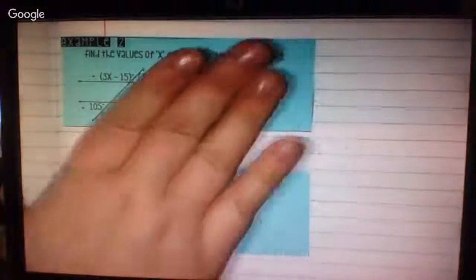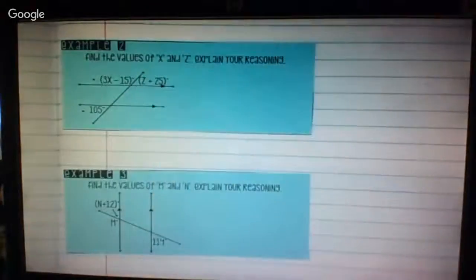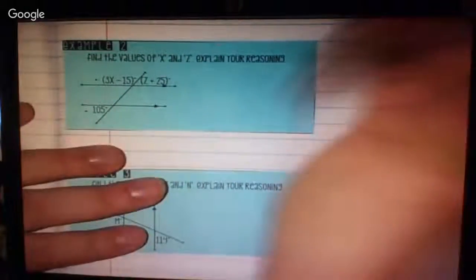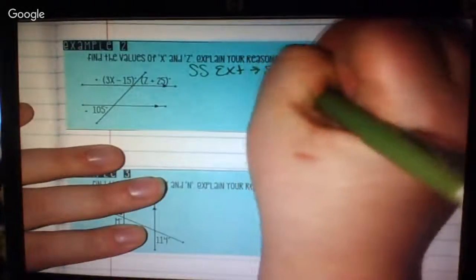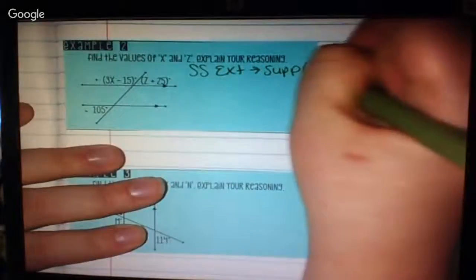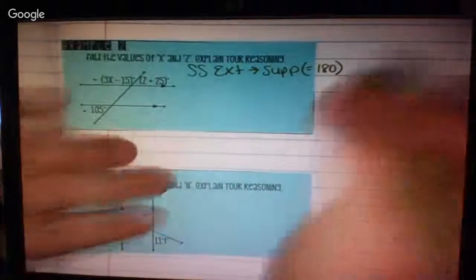Okay, they're both on the left of your transversal, and they're outside of your parallel lines. So we've got same side exterior again, which means that they're supplementary, which means they're equal to 180. So we need to solve for X first. Once we get that answer, we can then solve for Z.